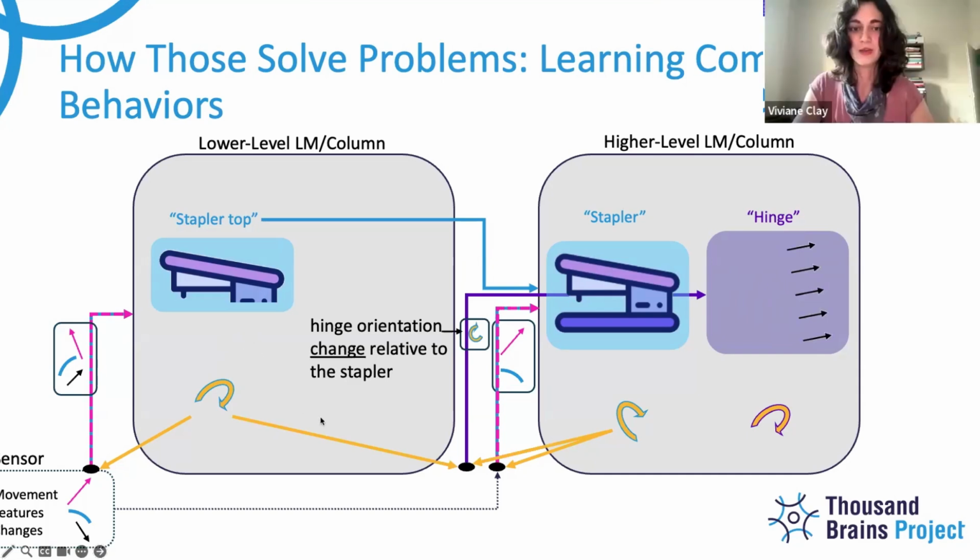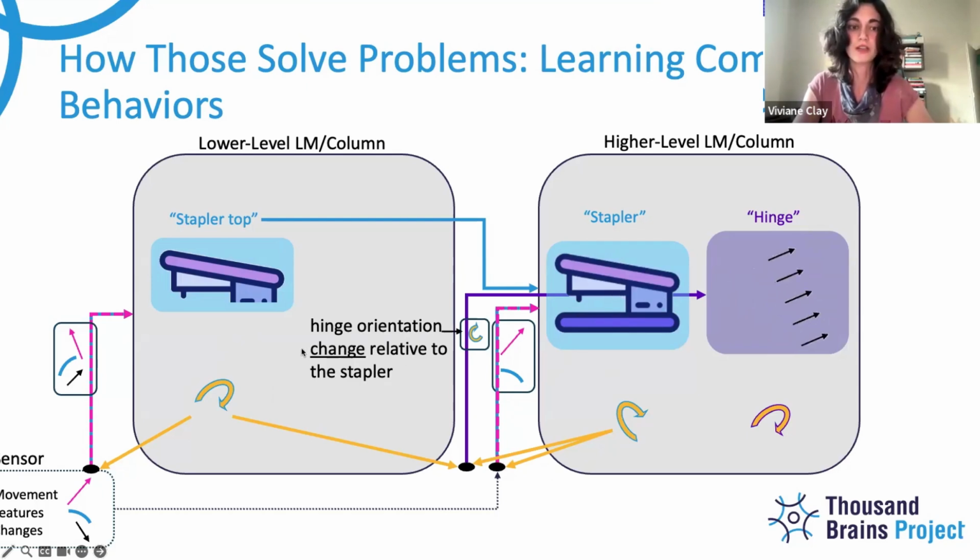Basically, we have the hinge orientation changing relative to the stapler. So the difference between the orientation of the stapler and the orientation of the stapler top is now changing. Previously, when we just learned a compositional object, we had a relative orientation and we would just store this in the stapler model.